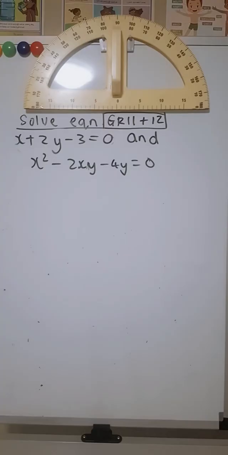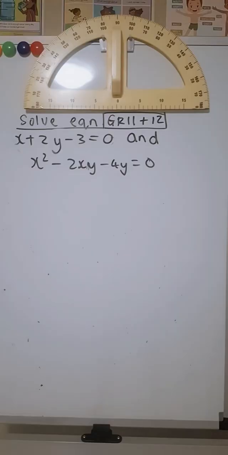If you have two equations like that, you take the linear one and you make either x or y the subject. Advised is to make x the subject, but you could also make y the subject. It's just that if you make x the subject, you avoid working with fractions. If you make y the subject, then you do not avoid having fractions in your equation.